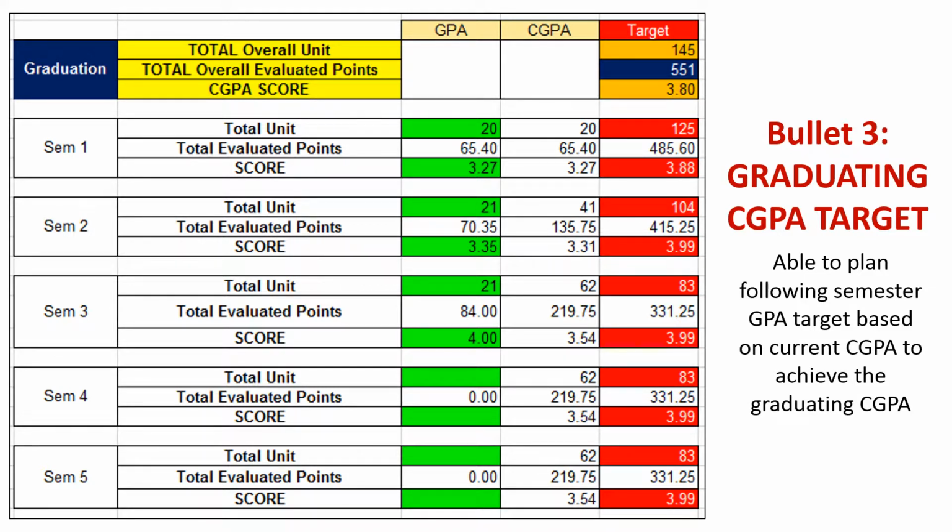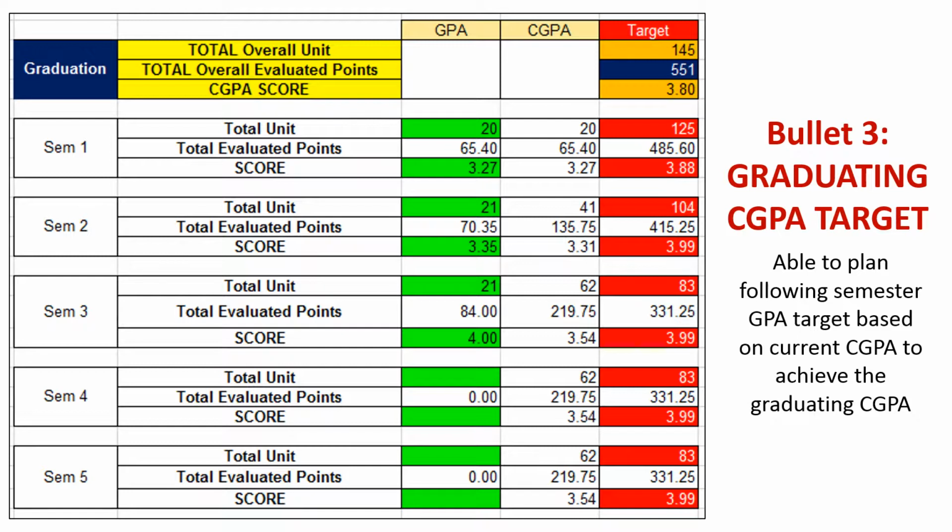So for the first semester, the student is taking 20 units. So for 20 units, when he starts the first semester, in his mind he knows that I need to get 3.80. Together with bullet 2 just now, you try to set with the students, based on bullet 2, what is the GPA value obtained from bullet 2?